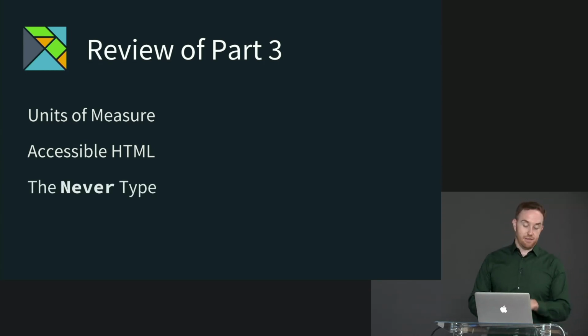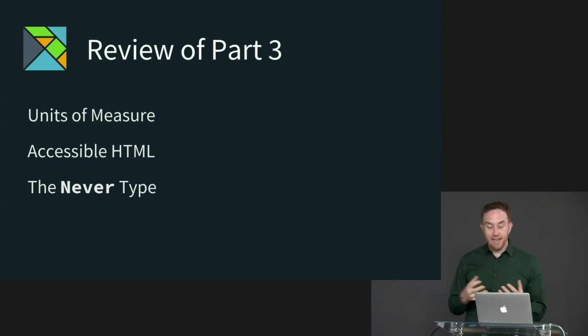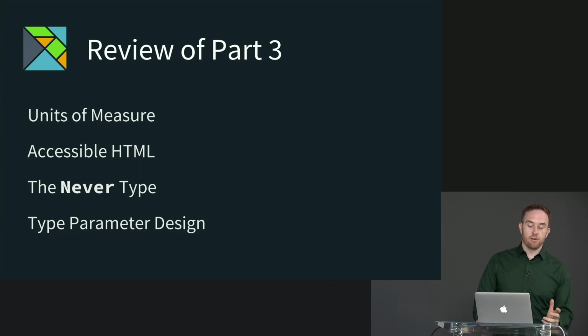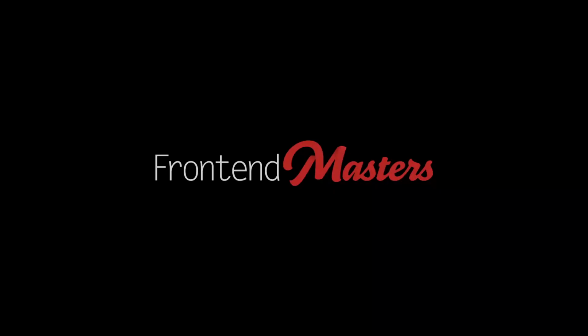We talked about the other uses for the never type, specifically in tasks, the idea of a task that can never fail. And finally, we talked about type parameter design in the context of the trade-offs between phantom types and non-phantom types. We talked about how we can use never as a constraint to require that something is still unbound, and how that will unify when you have two different type variables, as we saw in the case of Task.perform.